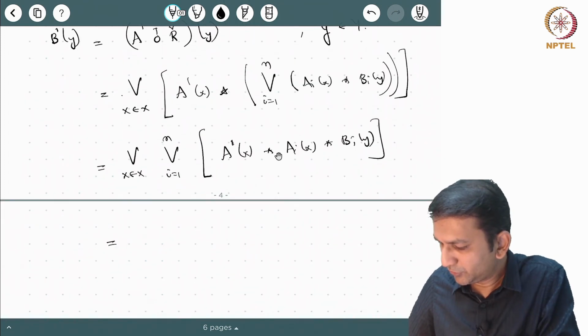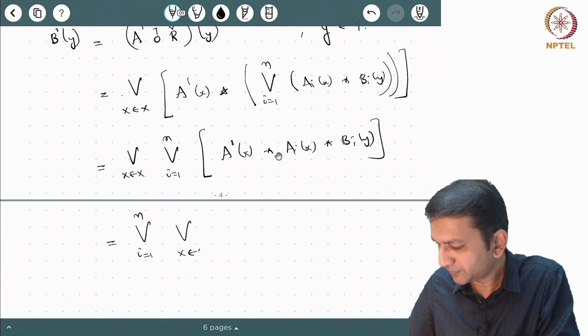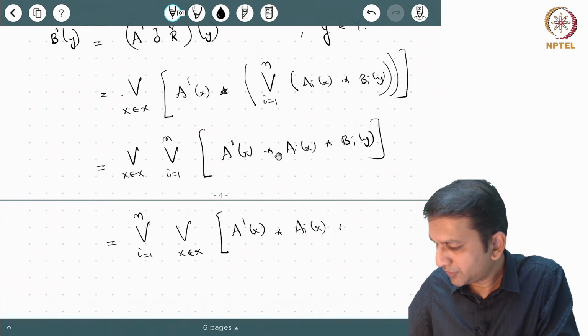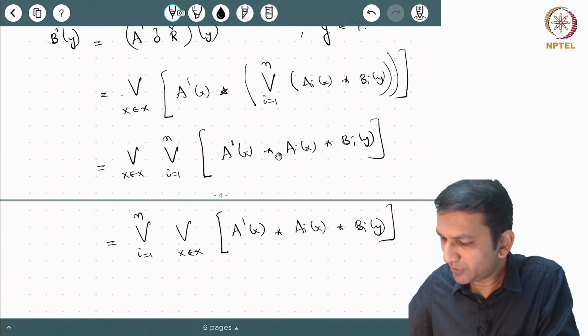Now, note that we can interchange these disjunctions. Even though we should put brackets, because of associativity, we do not have to really worry. However, now look at this. Here we have this bracket here.